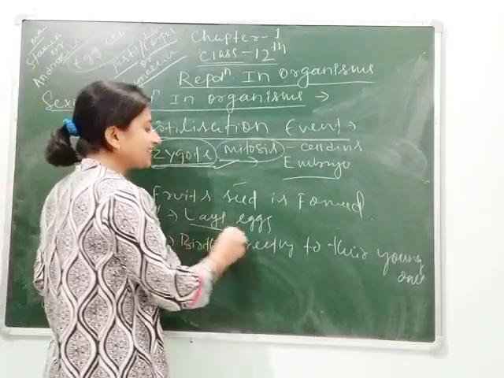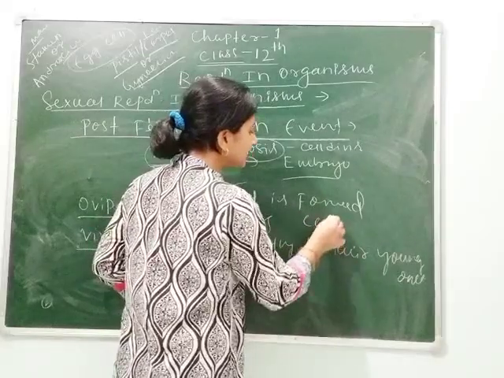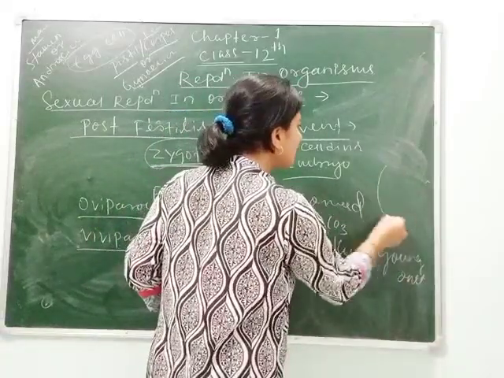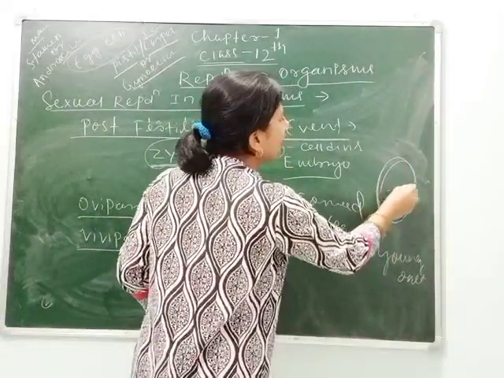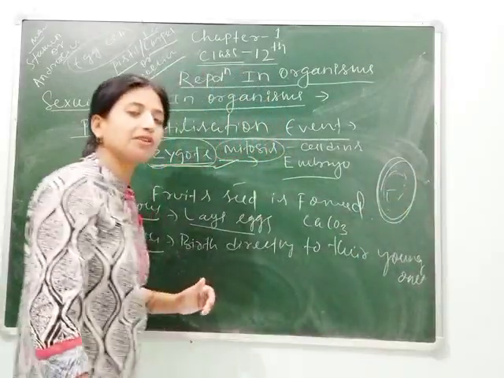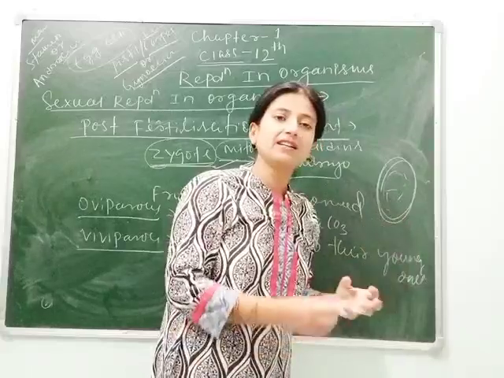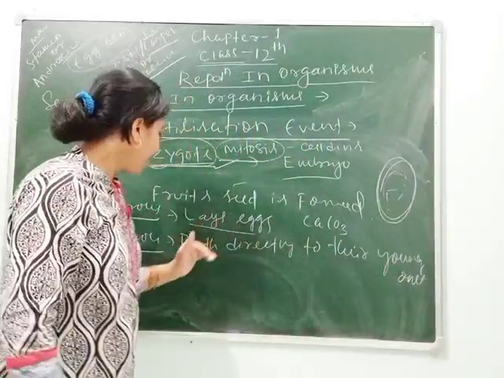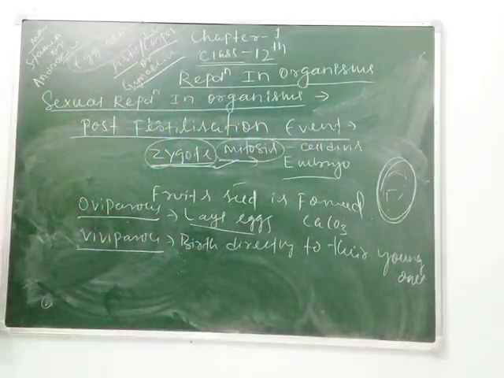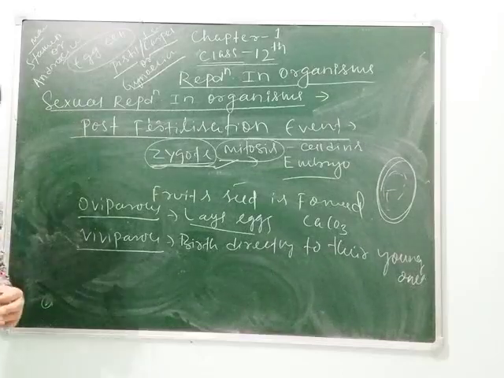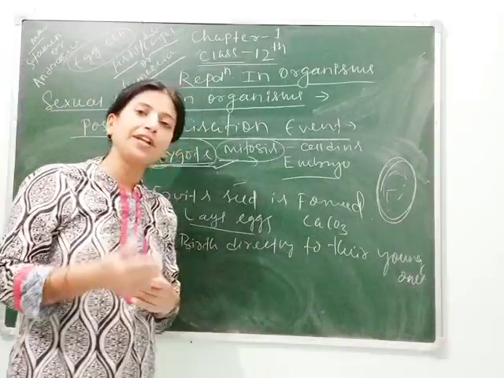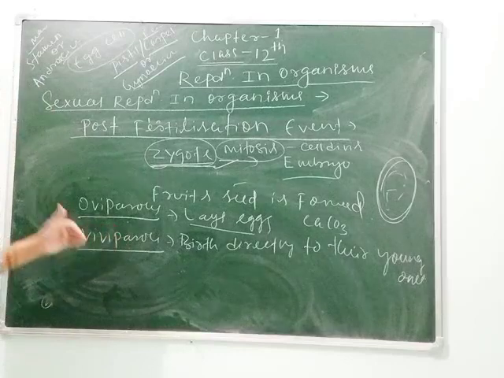When they lay eggs, the egg shell is made up of calcium carbonate. Inside the hard structure, the organism grows, and after a particular incubation time period, the young one comes out from the egg. Whereas in higher organisms, the embryo matures inside the mother's body, and after a given time it comes out.